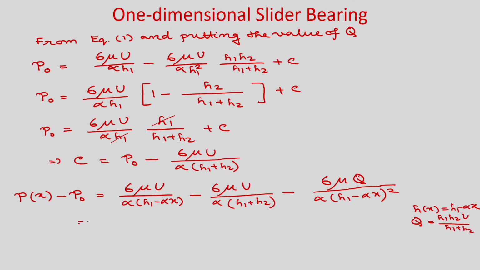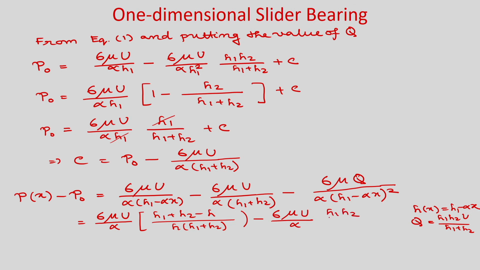So, we will get this as 6 mu u divided by alpha, if you take it common. So, you will see this is h. So, you will get h into (h1 plus h2) in the denominator, and in the numerator you will get h1 plus h2 minus h, minus 6 mu u divided by alpha, h1 h2 divided by h square (h1 plus h2).